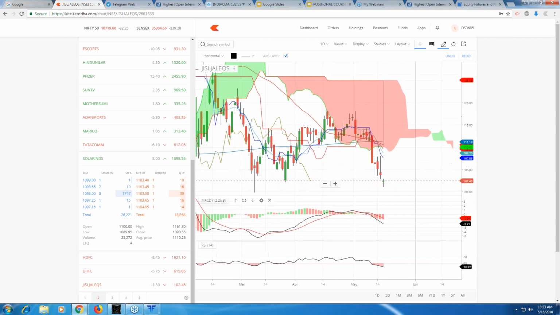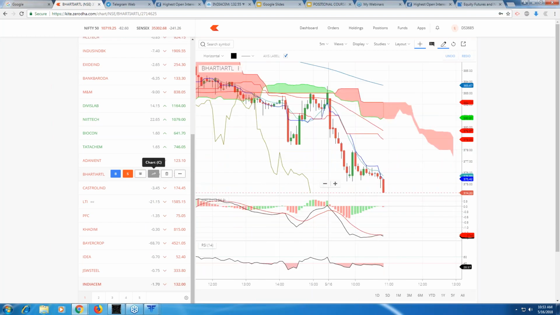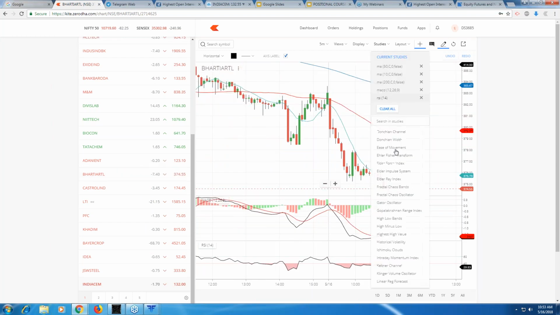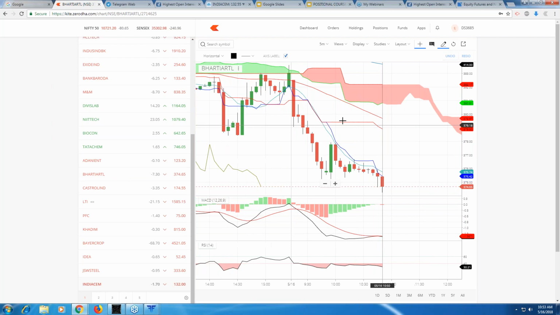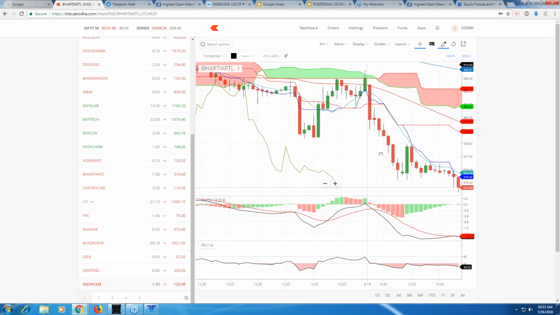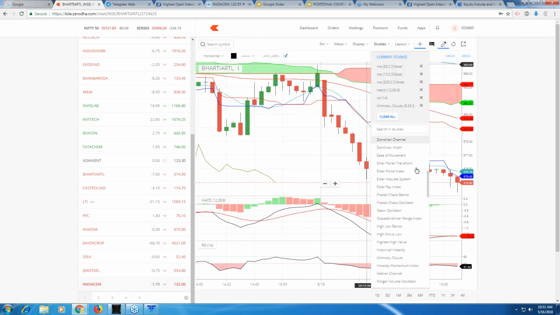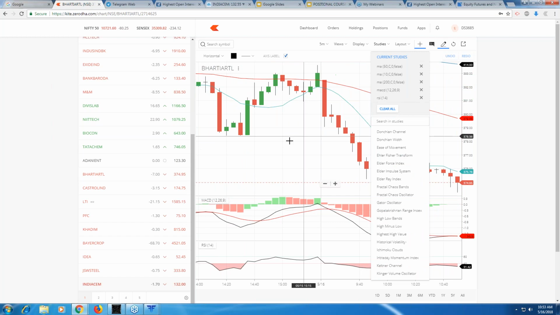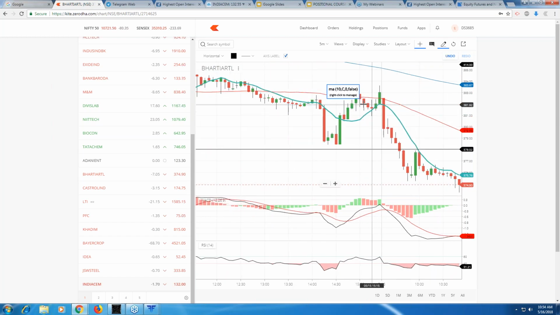Same goes with Bharti Airtel. I was sure that the stock is under resistance, and if you see in the Ichimoku cloud, you could have done BTST or STBT in Bharti Airtel as well. Bharti Airtel didn't show much clarity yesterday about STBT, but you could have seen it clearly in the open interest.